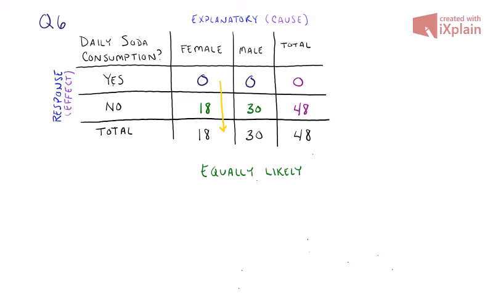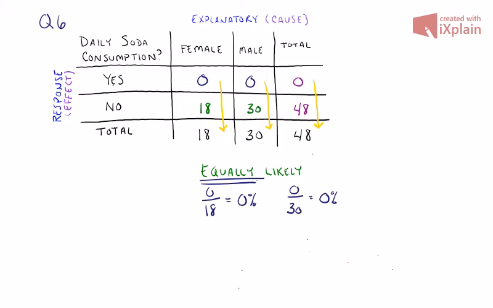Adding down, our numbers still total out to what I have in black. And likewise, 0 out of 18 would still result in 0%, and 0 out of 30 would also result in 0%. Again, talking about that idea of equally likely.